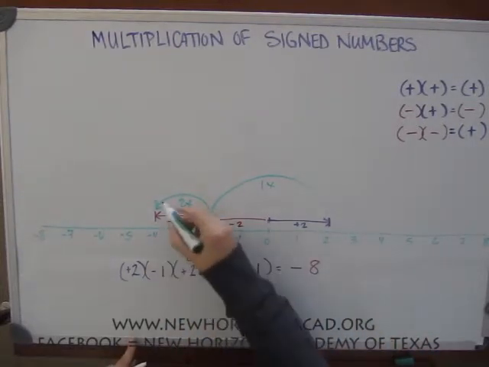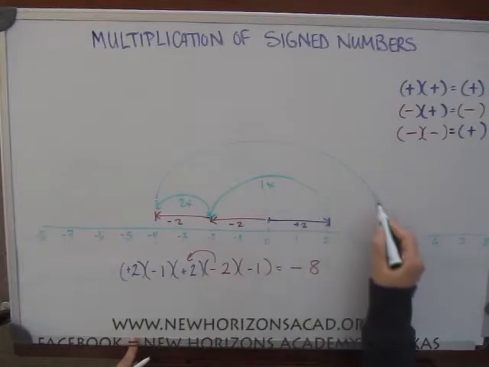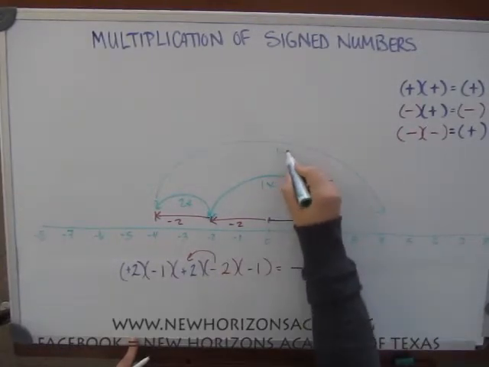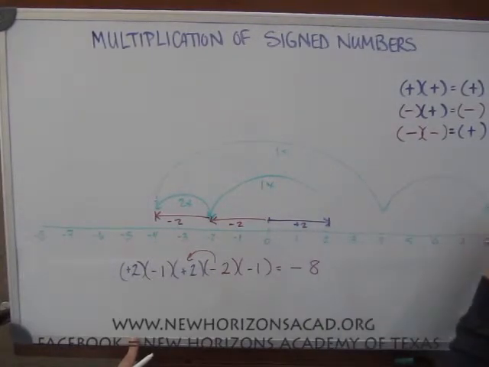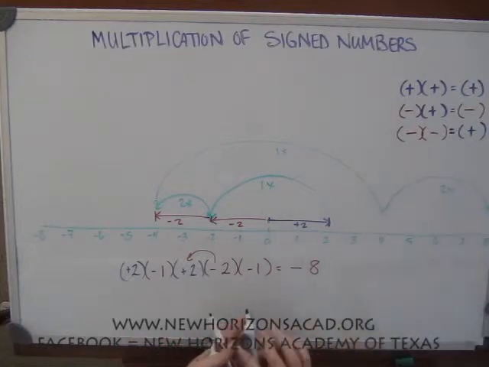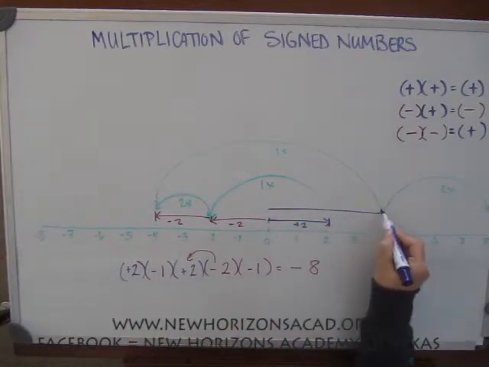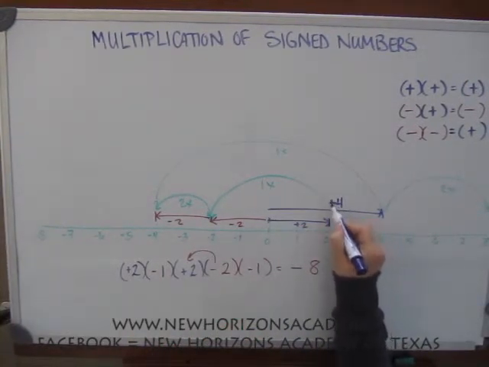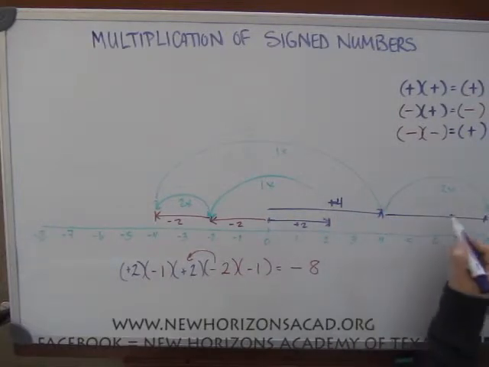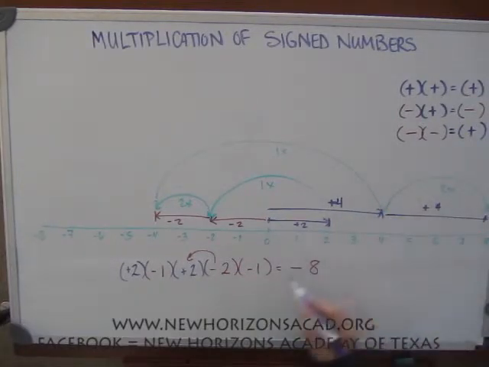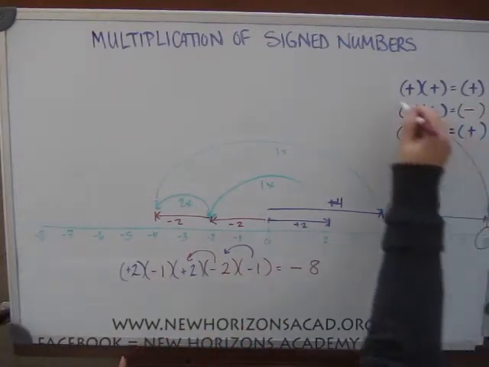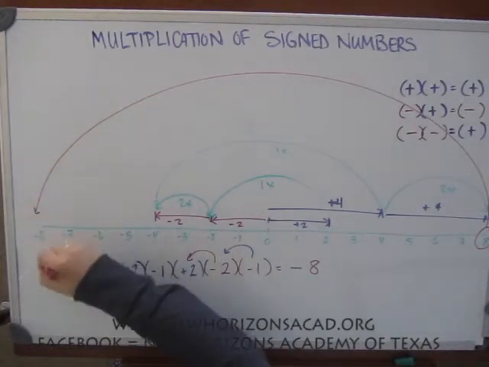That means I'm going to get this -4. The opposite of it is having 4. Once, twice. Here's 4. Once, twice. Now I'm going to get the opposite of that. I'm going to get the opposite of having 8. I'm going to just draw this all the way over here, which is -8.